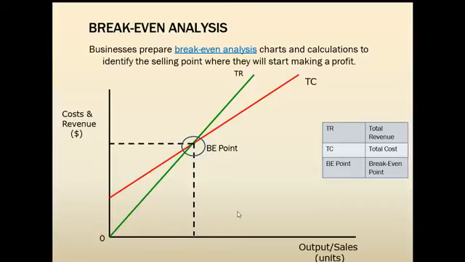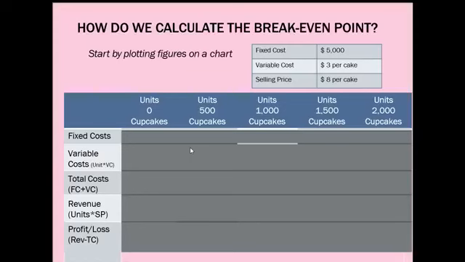Now, how do we calculate break-even point or break-even analysis? This is the general background or overview of break-even analysis. At this point, where we have the BE point, that is the break-even. But how do we get to this place? Let's take an example.